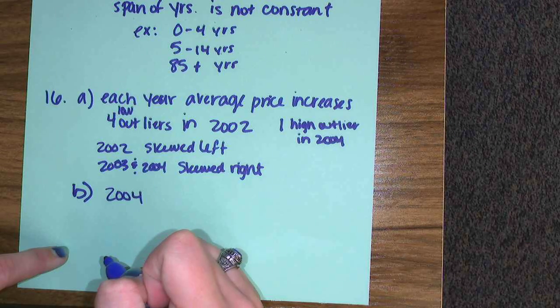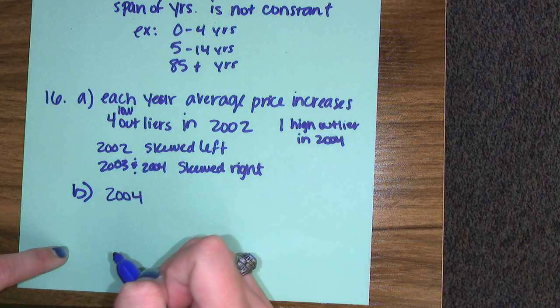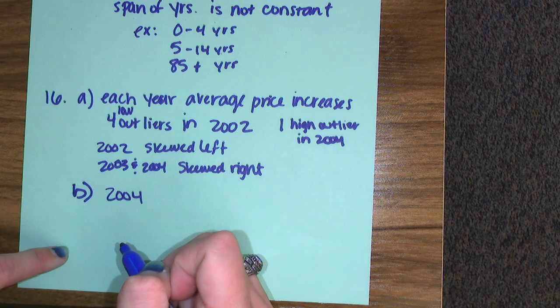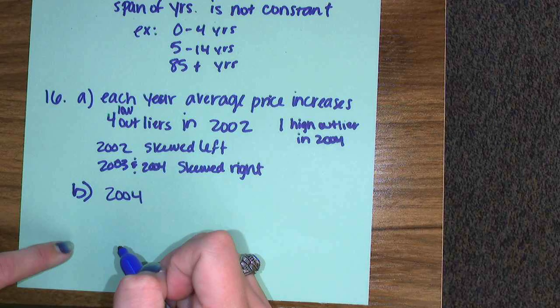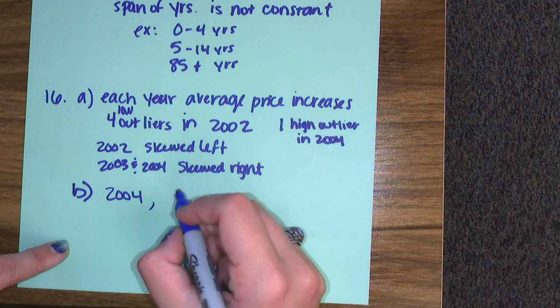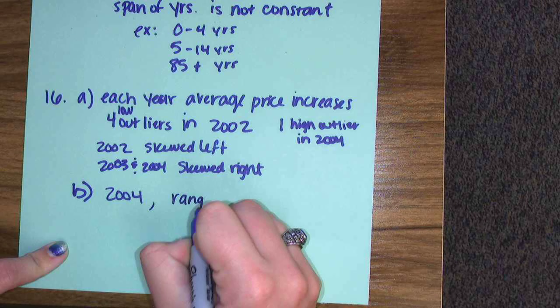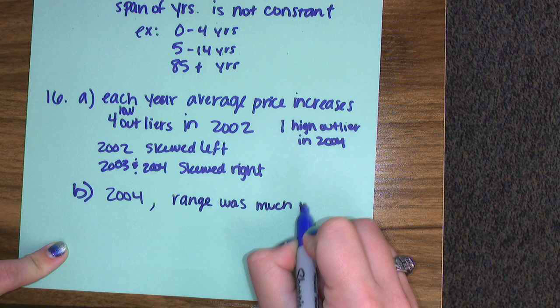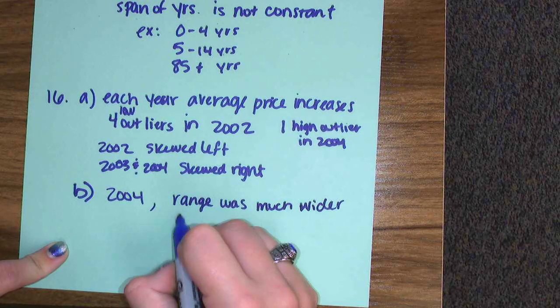Yeah. So you've got prices down as low as $1.50 and as high as $2. So just that range is much greater in 2002. So I would just say something about 2004. Range was much wider in regards to price.